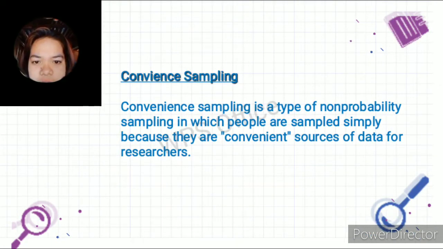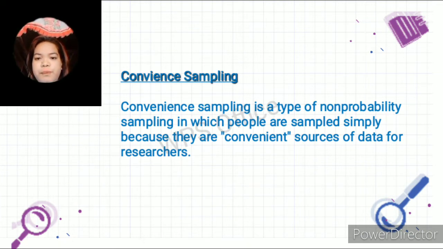Convenience sampling is a type of non-probability sampling in which people are sampled simply because they are convenient sources of data for researchers. So, it is a type of non-probability sampling that involves a sample being drawn from that part of the population that is close to hand. This type of sampling is most useful for pilot testing, and it is also a method of collecting samples by taking samples that are conveniently located around a location of internal services.